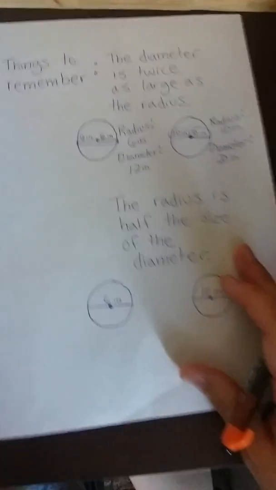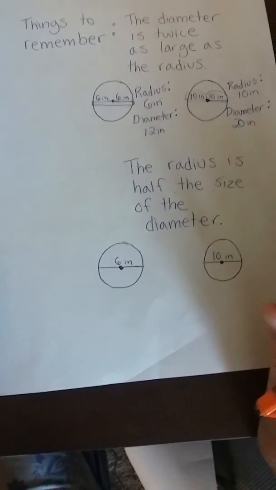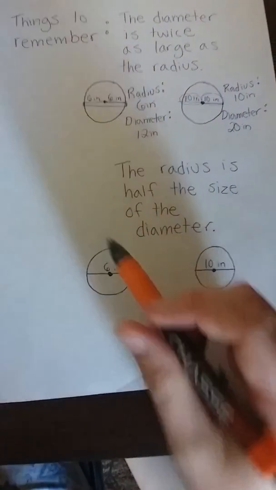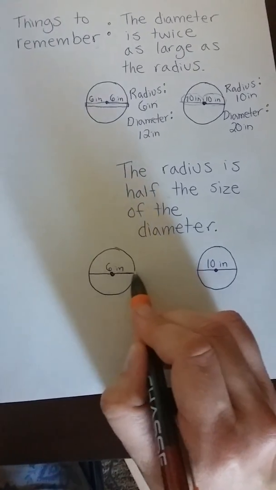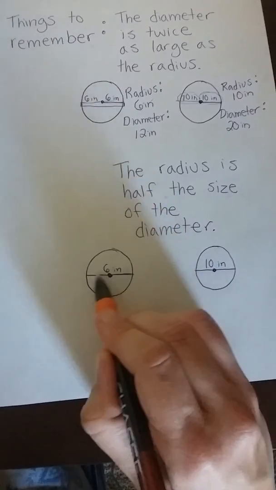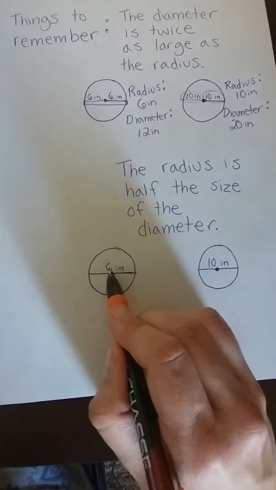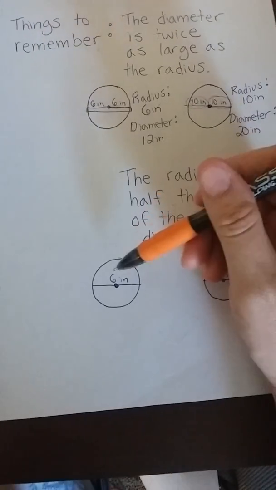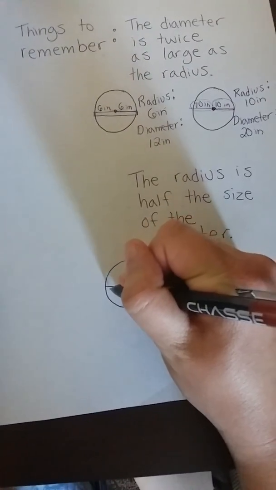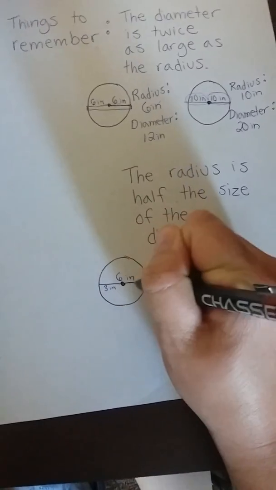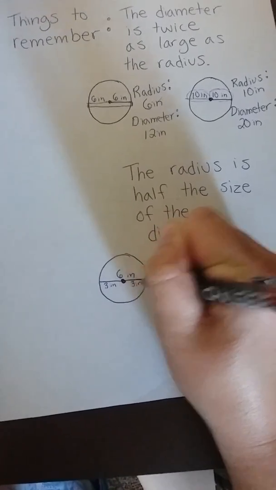Now, that same thing, the radius is half the size of the diameter. So this is a diameter. It's all the way across. So in this situation, all the way across the circle is 6. The radius would just be halfway across from here to here. So I know 6 can be made with 3 and 3.